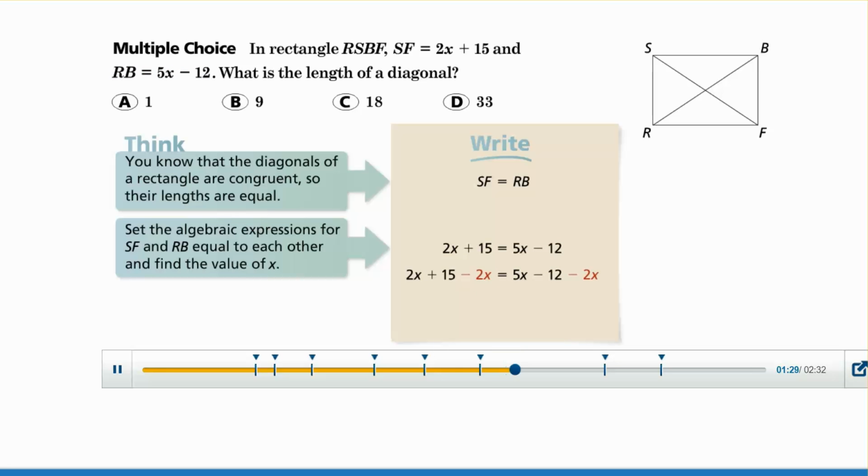Subtract 2 times x from each side. Then add 12 to each side. Finally, divide each side by 3 to isolate the variable. So x equals 9.